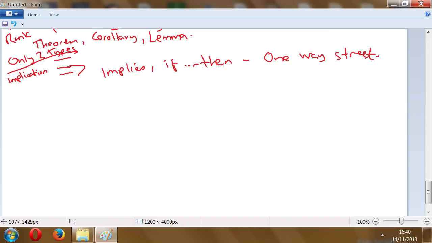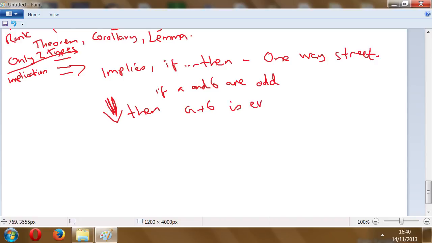It's if ... then. It's a one-way street. I used: if A and B are odd, then, only going one way here, A plus B is even.